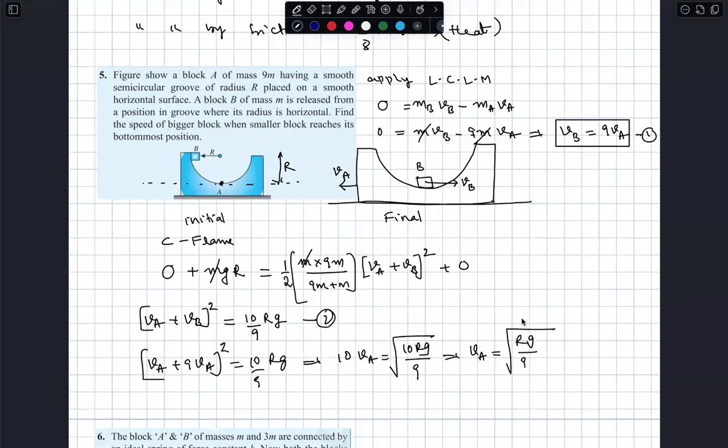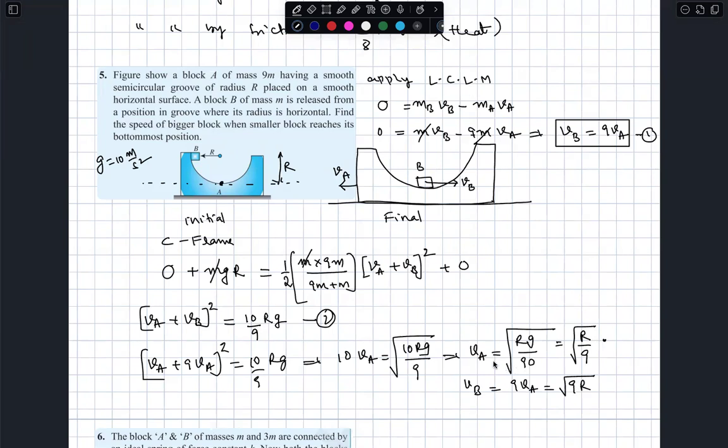If you take g as 10 meters per second squared, you can make it root of r by 9. Then what is VB? VB is 9 times VA, so this will become root of 9r.